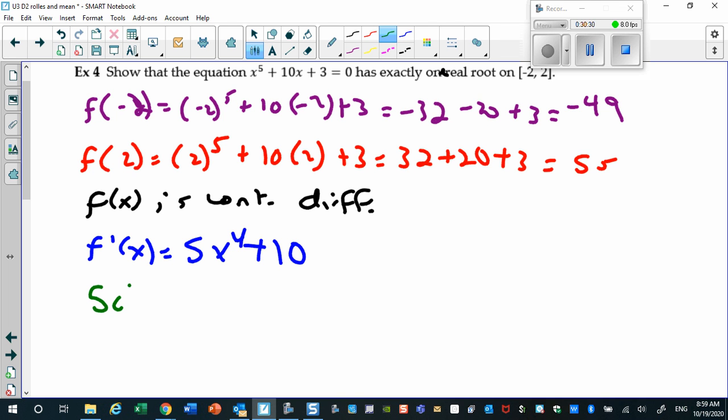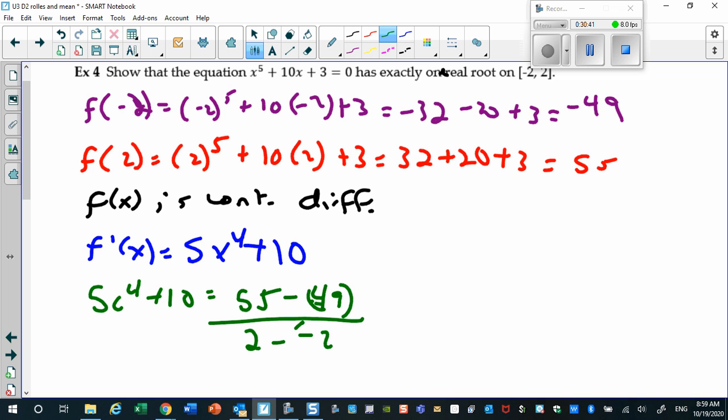So 5c to the fourth plus 10 has to equal 55 minus negative 49 all over 2 minus negative 2.